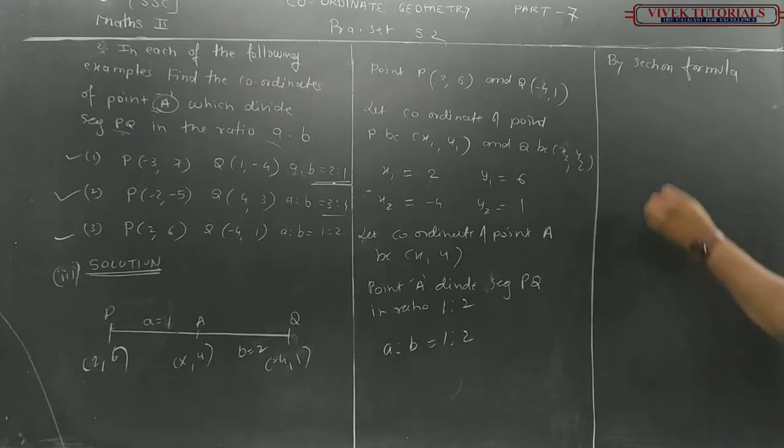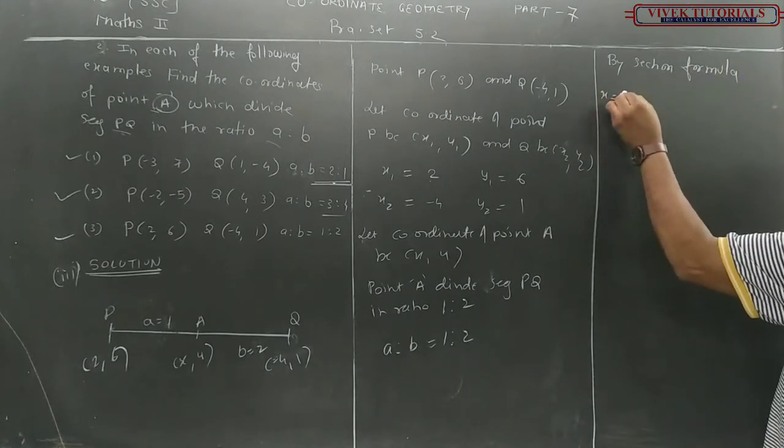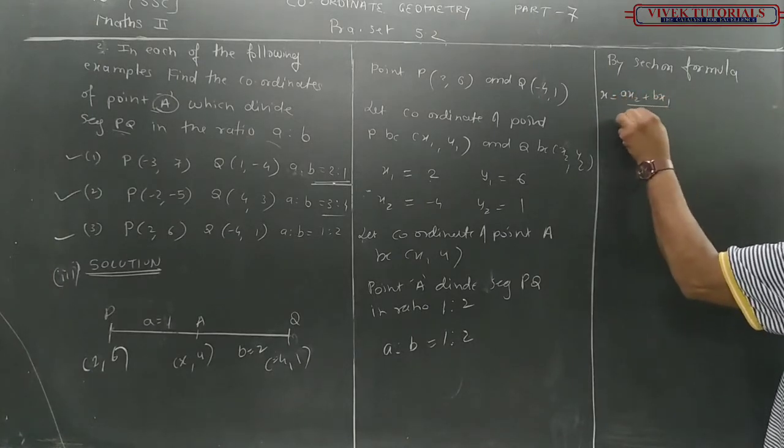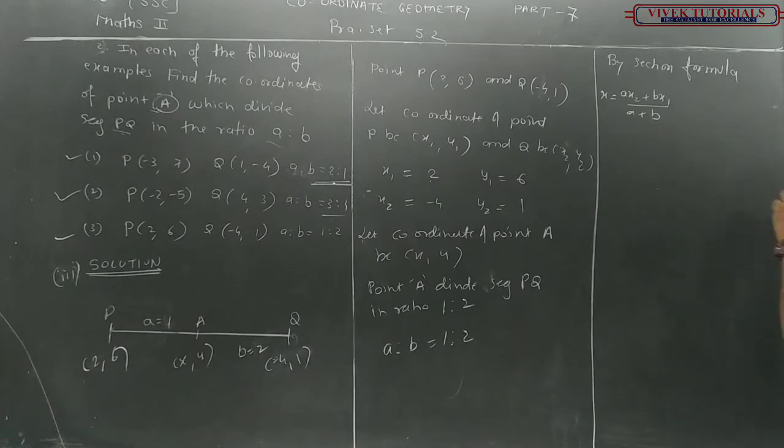Section formula: x is equal to (a x2 plus b x1) upon (a plus b), and y is equal to (a y2 plus b y1) upon (a plus b).